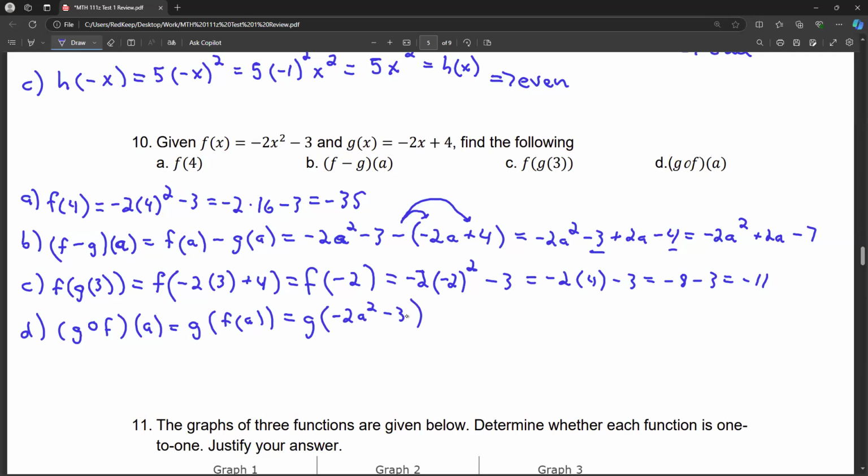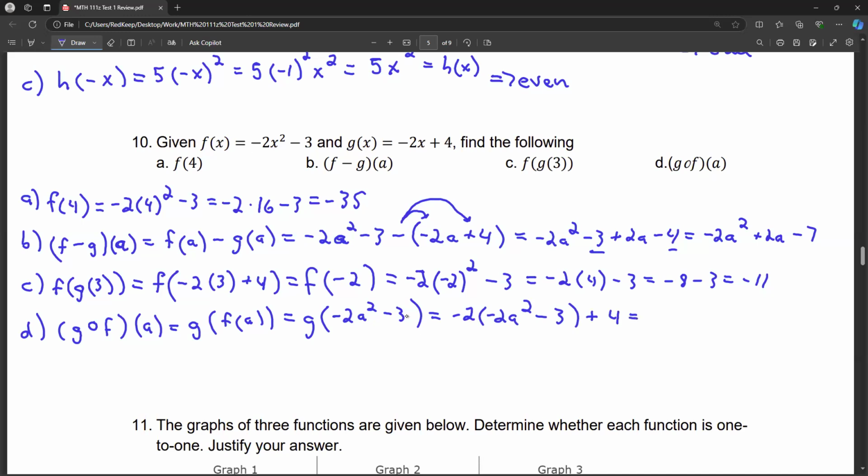And so now I'm going to take that big expression and plug it into the G function as defined, right? So G is equal to -2x plus 4. So everywhere there's an x, I'm going to plug in this -2a squared minus 3, and then add 4 on the outside.